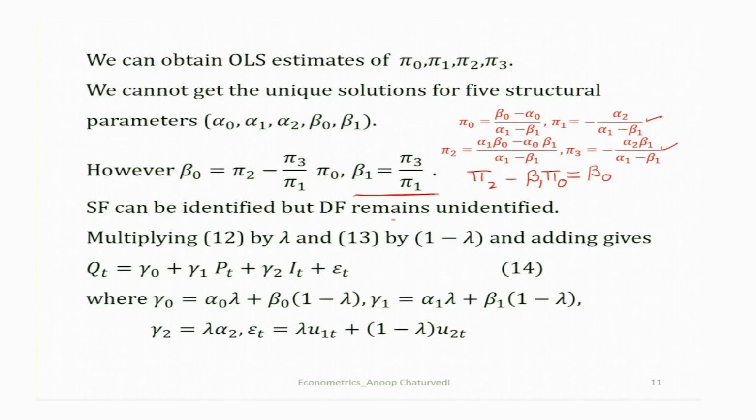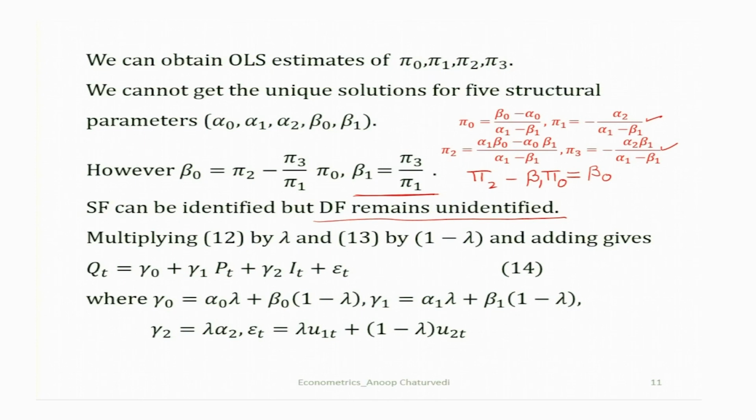But the demand function remains unidentified. Still, you cannot estimate the parameters of the demand function. So, in this structural form or in this system of equations, one of the equations is identified, supply function is identified, but the other equation is still unidentified.